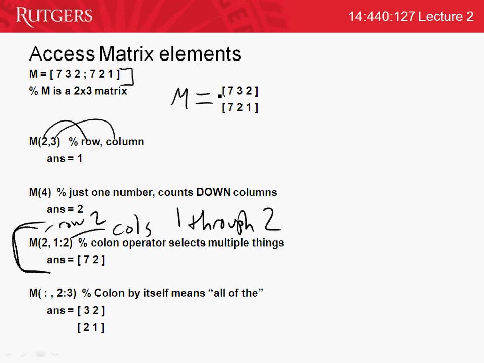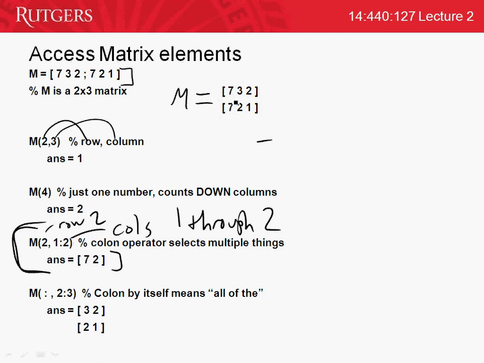So we want row 2, and columns 1 through 2. Notice the intersection here is 7, 2. So our answer is 7, 2. So basically saying the elements in matrix M in row 2 and columns 1 through 2 gives us a vector. 7, 2 is our answer.